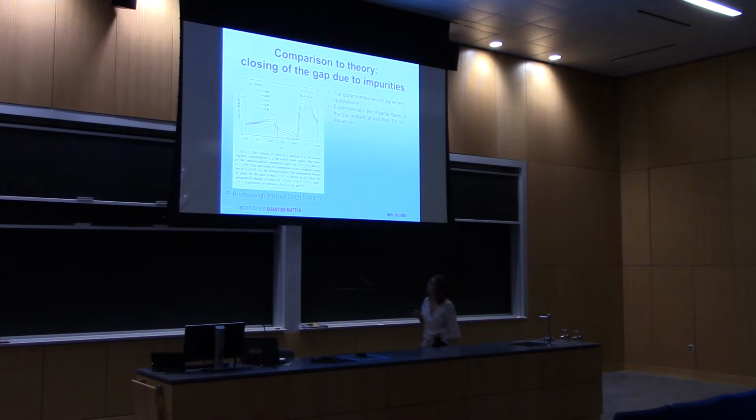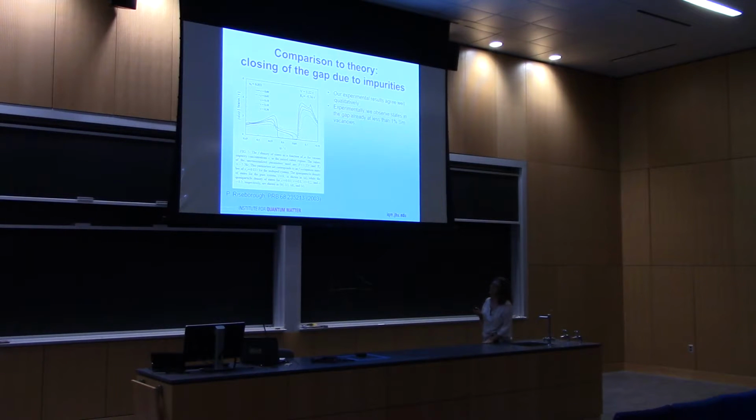And here I have to mention the work from Peter Riseborough, which was done some time ago, and that's in some sense very much in line with what we see, when he looked at defects in samarium hexaboride.